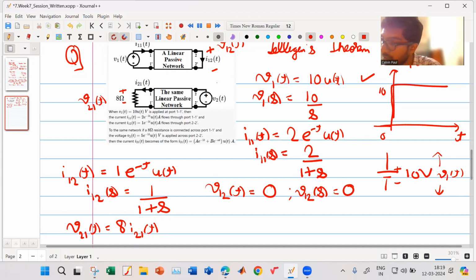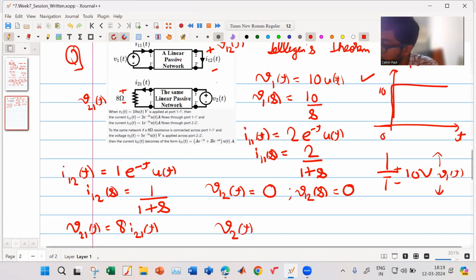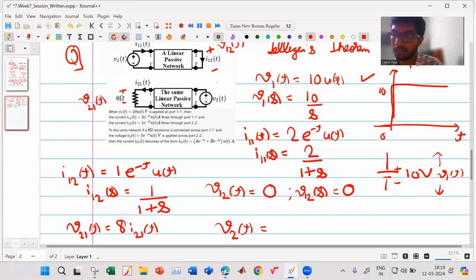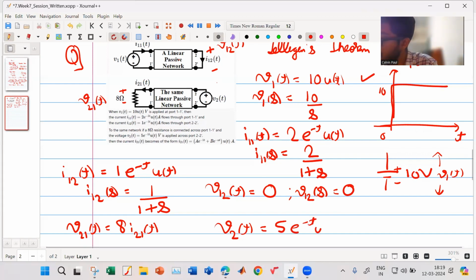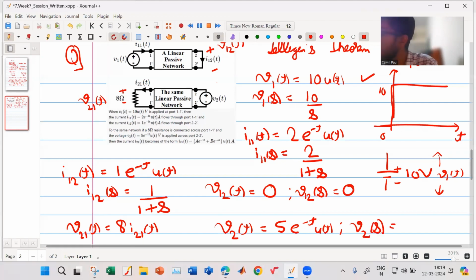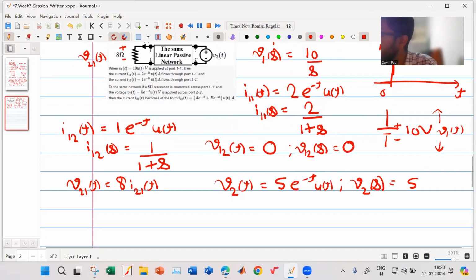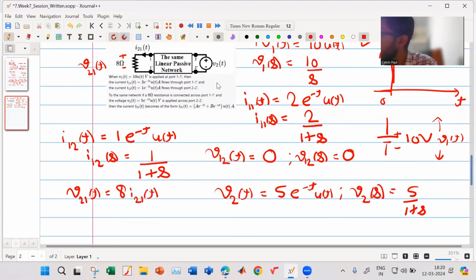Also, we know that we don't know I21 of t; we have to find out I21 of t. And what is V2 of t? V2 of t is given, 5 e power minus t u of t. So what is V2 of s? 5 by 1 plus s.